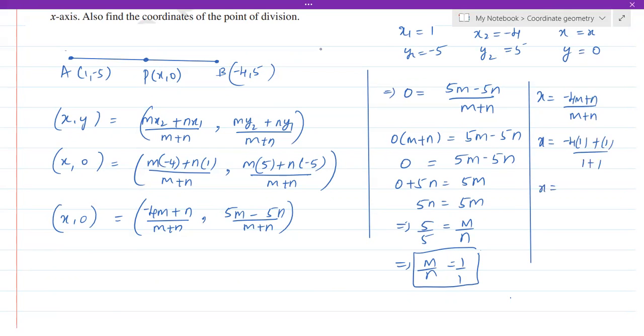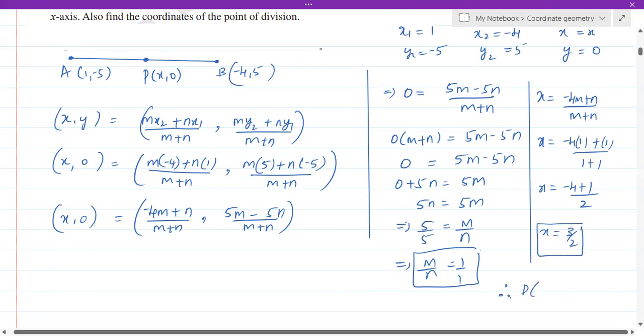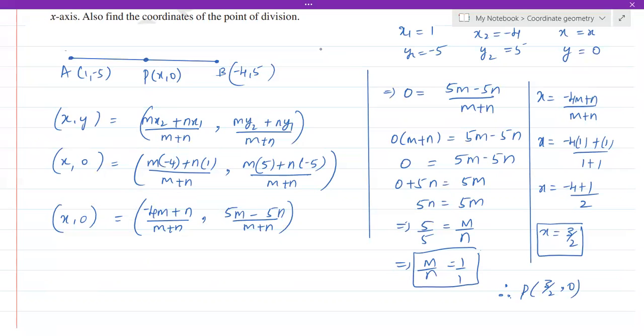So x is equal to minus 4 into 1 is minus 4, plus 1, divided by m plus n is 2. So minus 4 plus 1 is minus 3. So we get it as minus 3 by 2. So x value is minus 3 by 2. Therefore, the point P is x comma 0, that is minus 3 by 2 comma 0. That is minus 1.5 comma 0. That's the coordinate of point P.